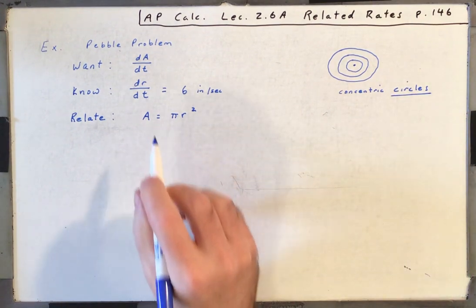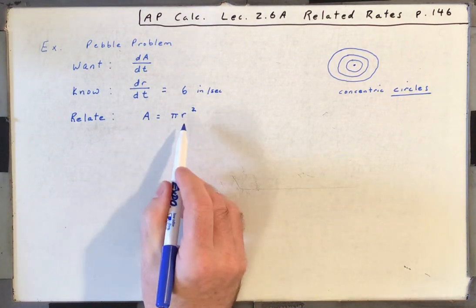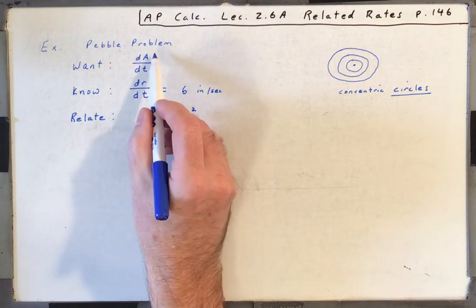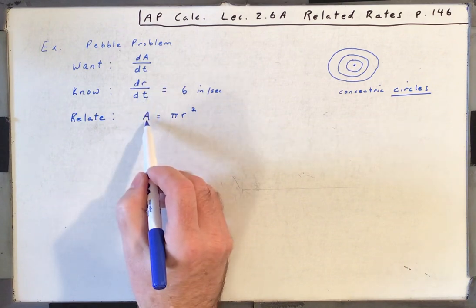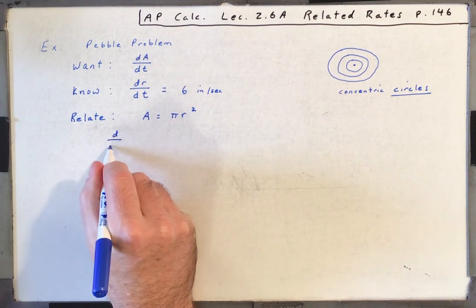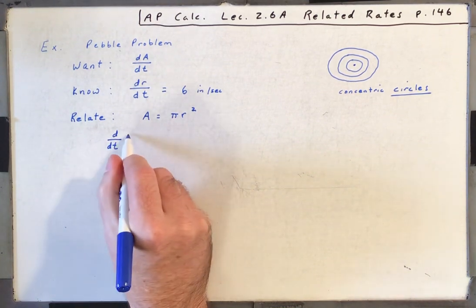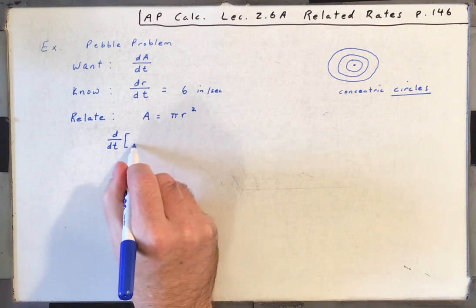Okay, so what you're going to do is differentiate this equation. We're relating what we want to what we know. What we want, area, what we know, radius. We're going to differentiate with respect to time. So instead of doing d over dx, we're doing d over dt.